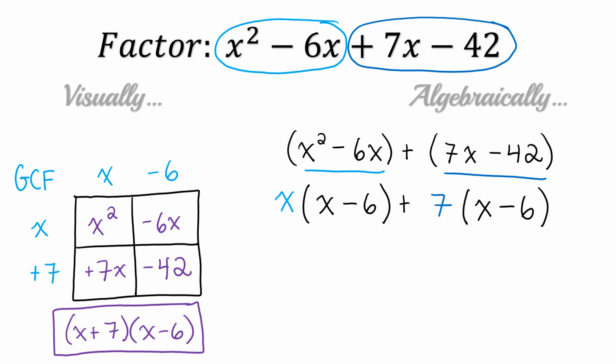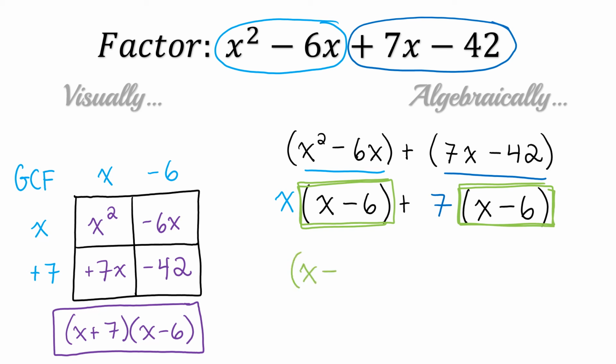Once you factor out the greatest common factor from each term, you want to look for a common factor in each of our products. Both of our products have this quantity of x minus 6. So we can factor out that entire expression.